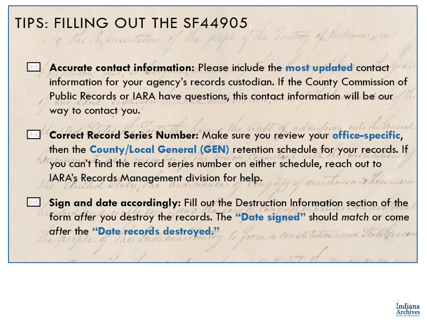Here are some tips for filling out the NOD form. Always provide accurate contact information. Include the most updated contact information for your agency's records custodian, so that if IARA or your County Commission of Public Records have questions, they can contact you.